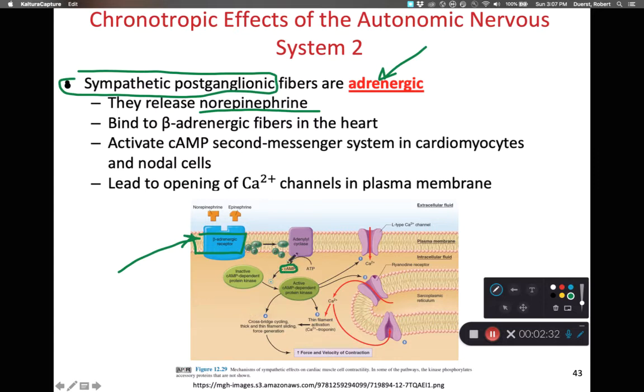That buildup in cyclic AMP on the inside of the cardiomyocyte is going to cause an increase in the amount of cyclic AMP dependent protein kinases.